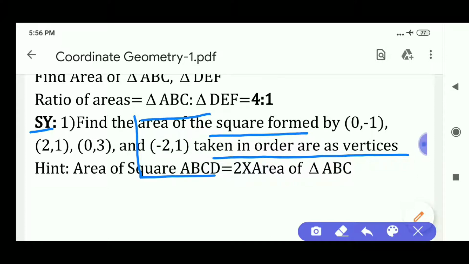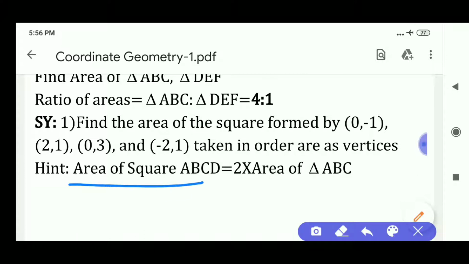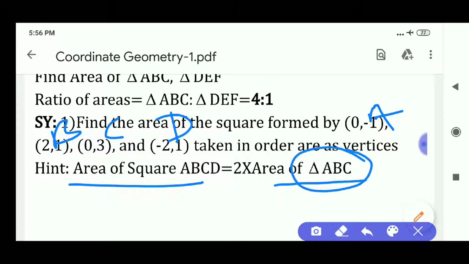When you join the diagonal, the area of the lower triangle is equal to the area of the upper triangle. So to find its area, simply find the area of triangle ABC. First point is A, second point is B, third point is C, fourth point is D. It is enough to find the area of triangle ABC.